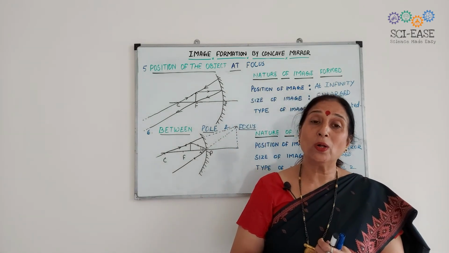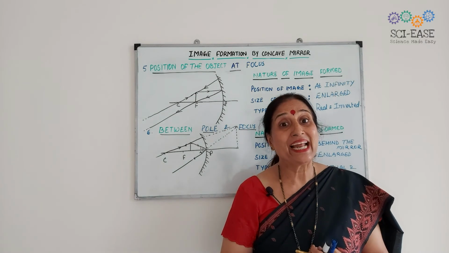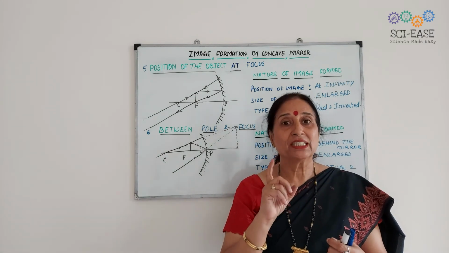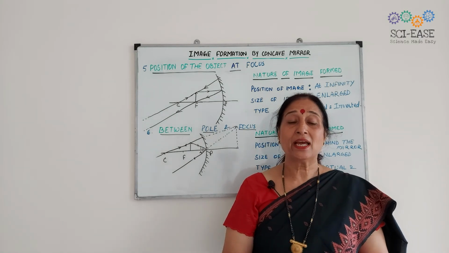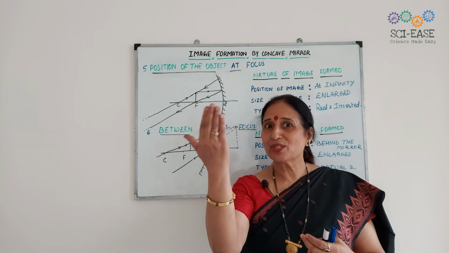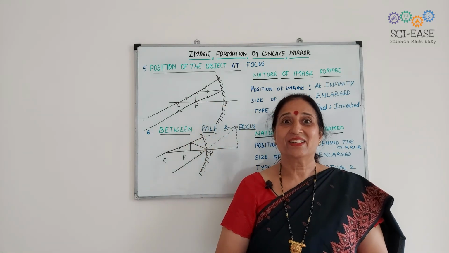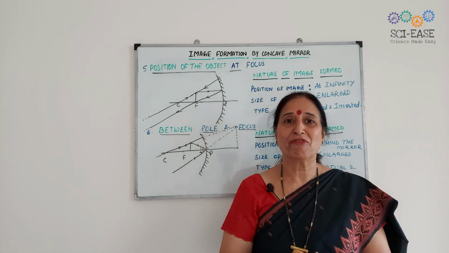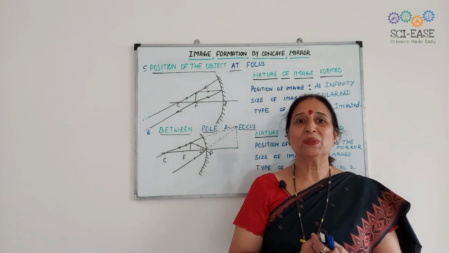Concave mirror is also used by the dentist to see the enlarged image of the teeth. Concave mirror is also used to see your face, so that you can see the enlarged image of your face.